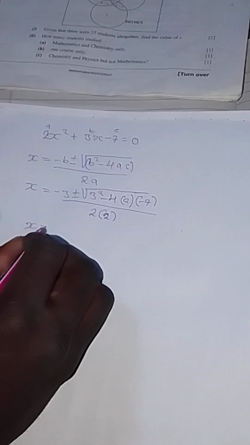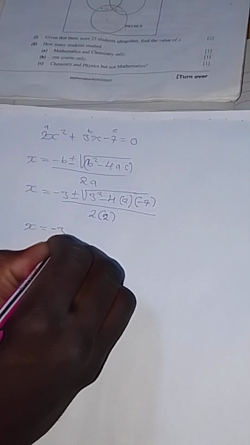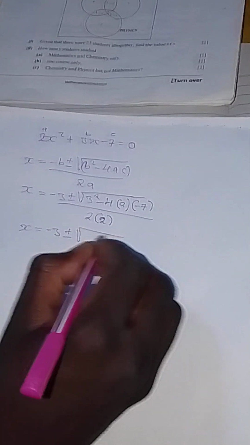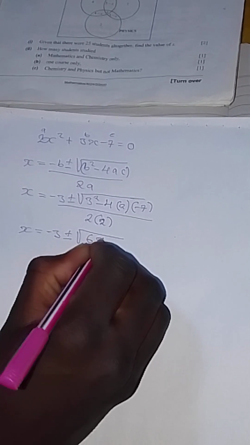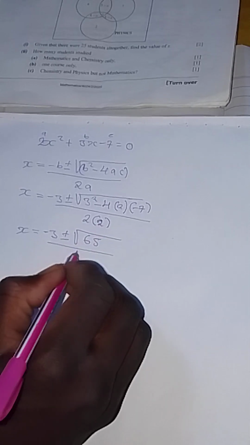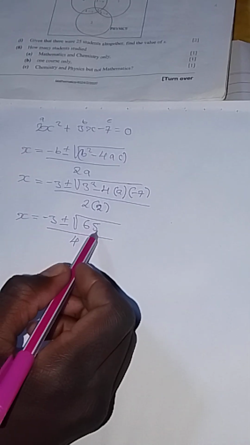Then you say x = -3 plus or minus. If we work out what is inside the square root, we end up having the square root of 65. Then you divide by 2 times 2 to give us 4. What next? To find the square root of 65.